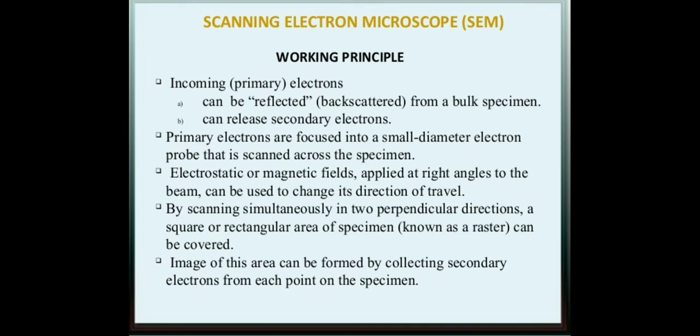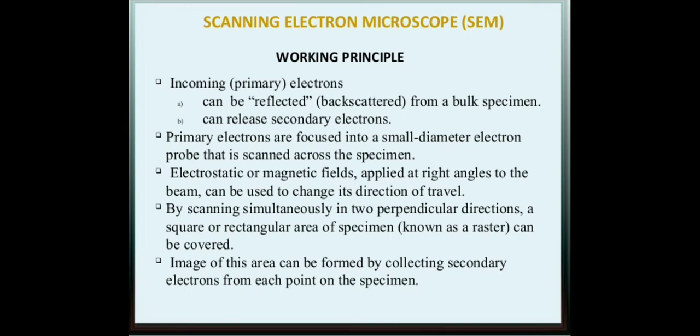The electrostatic or magnetic fields applied at a right angle to the beam can be used to change its direction of travel. By scanning simultaneously in two perpendicular directions, a square or rectangular area of a specimen, known as a raster, can be covered.